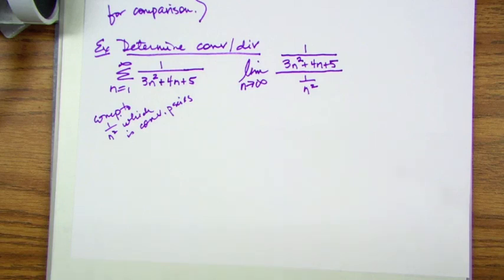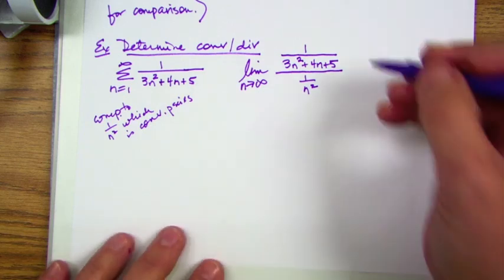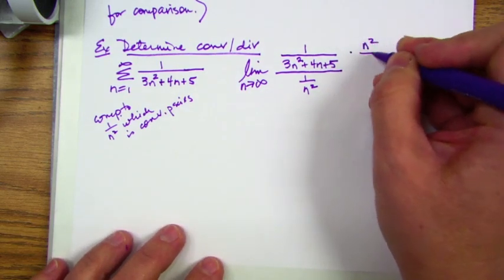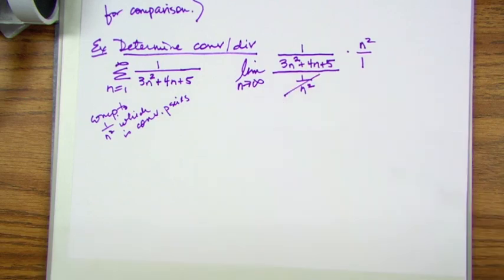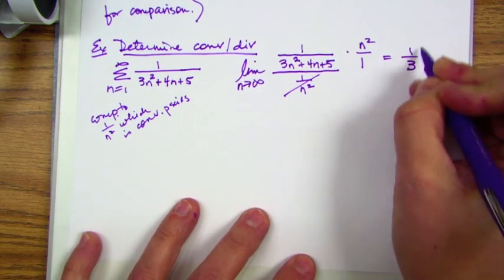Dividing by a fraction is the same as multiplying by the reciprocal, so this turns into this. I'm now doing a limit as n goes to infinity. And what do I need to look at if I'm doing a limit as n goes to infinity? The highest degree terms, right? The highest degree terms. So this is 1/3.